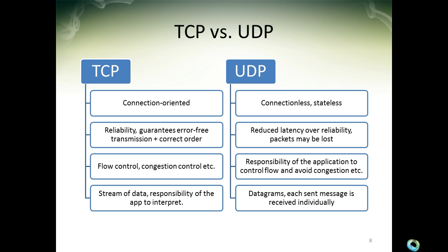So switching between both is not very difficult. The difficulty often is to adjust the application side, like I said, for example, with reassembling original application messages when you're using TCP.